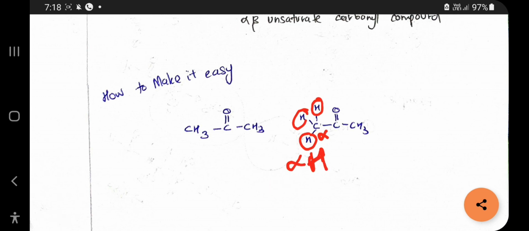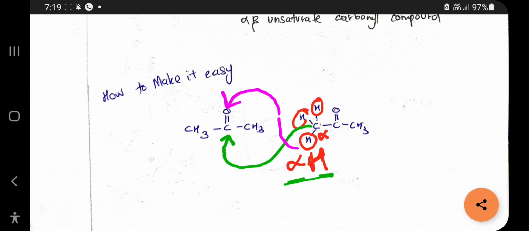In an aldol condensation, the alpha carbon of one compound will directly attack the carbonyl group, and one of the alpha hydrogens will go to the O. This is the trick.